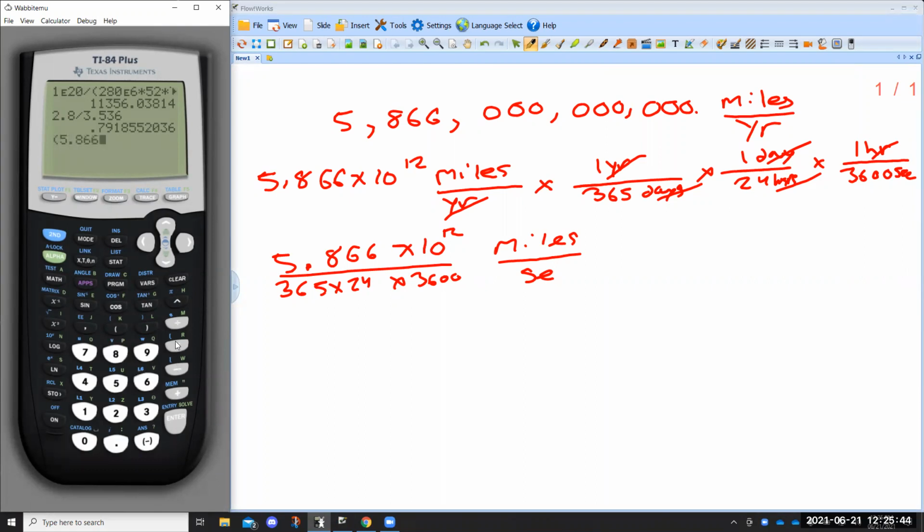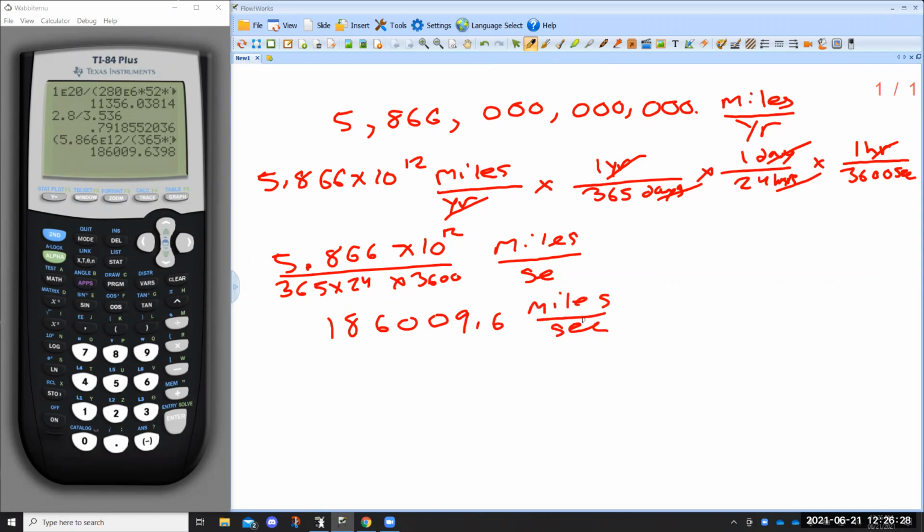5.866 EE 12 divided by, open parentheses, 365 times 24 times 3,600. Close parentheses for the denominator, close parentheses for the fraction. It's going to be 86,009.6 miles per second.